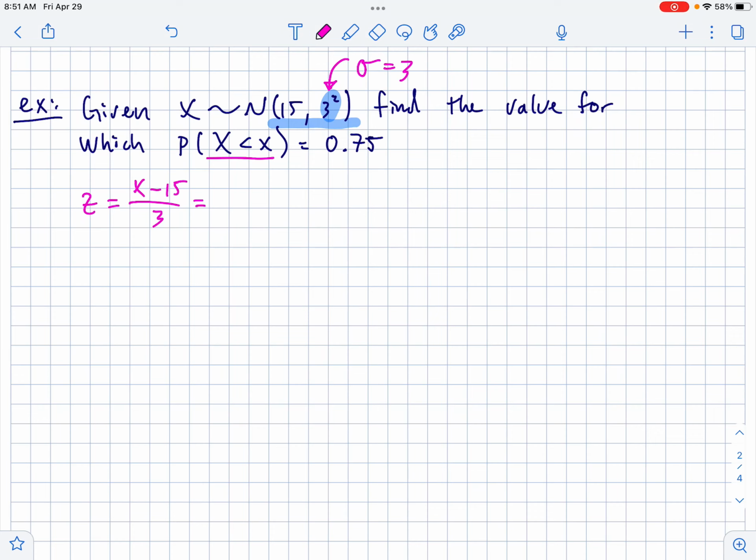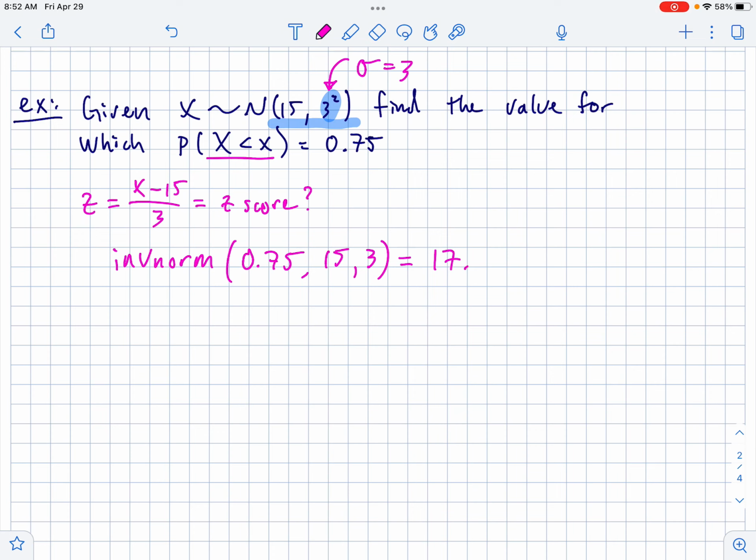At any rate, I don't think you really need to turn this into the z-score, because in your invNorm you can set what the mean and the standard deviation are. So I think the best way to do this problem is just to go invNorm, the area is 0.75, the mean is 15, and the standard deviation is 3. And then it'll tell you what x is, and x is 17 in this case.